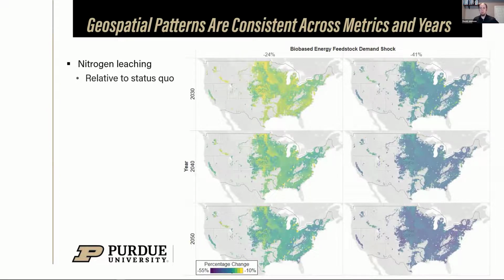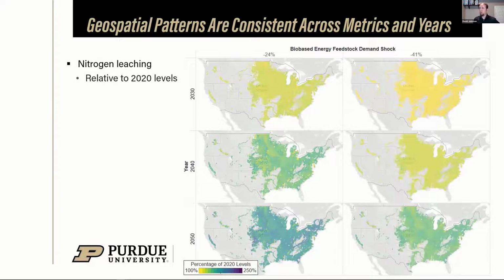If we look at the results relative to 2020 levels, then here's where you can see the impact of this 41% demand reduction in the top right pane, for example, that everything is pretty uniformly yellow. This was the level that would keep things at 2020 levels until the year 2030, which is the top pane, the year that we're looking at. And so everything across the country and all the grid cells is pretty close to still being at the 2020 level.